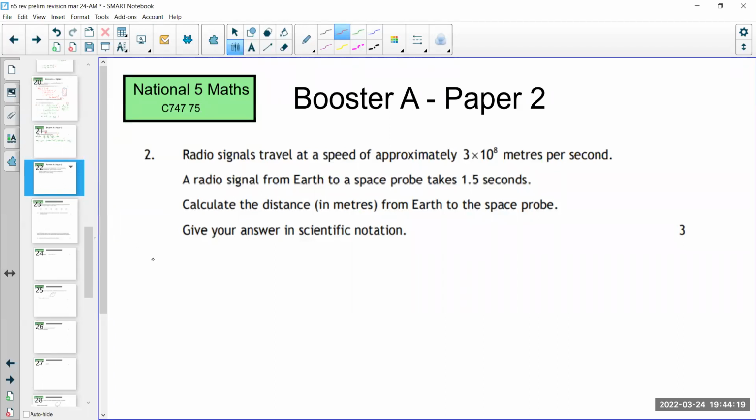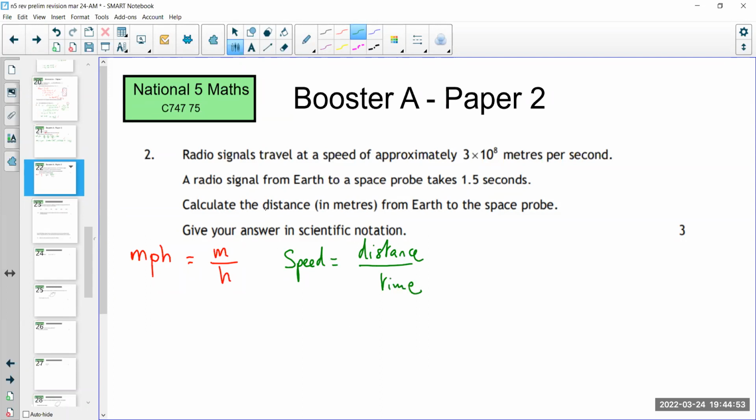So speed on your car, what is your unit for speed? Miles per hour. That is the same as miles divided per hour. And you've got distance at the top. So speed is equal to distance divided by time.